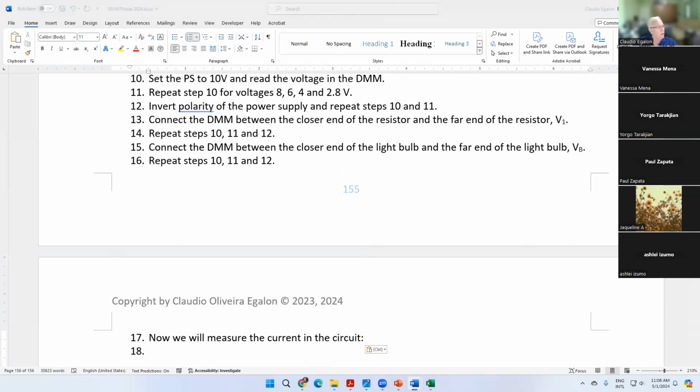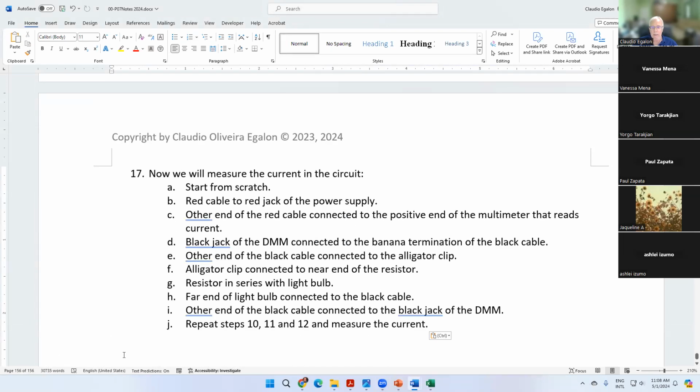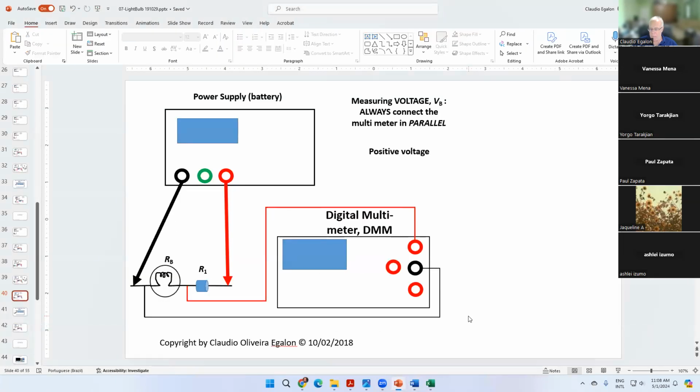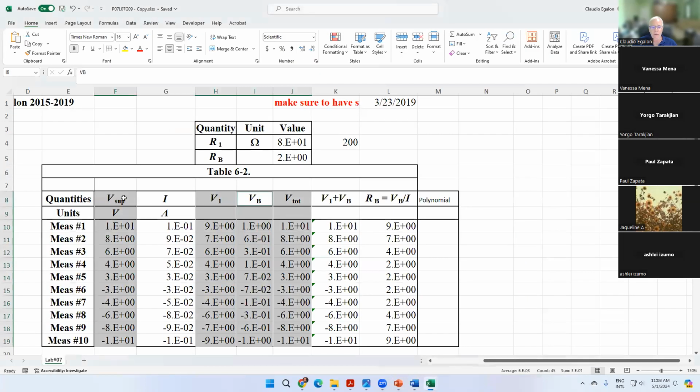Then we start from scratch, just for practicing purposes. Start from scratch, here you go. You measure the voltage, what's missing now is the current, this one here. What are we going to do? We're going to plot V against I, okay?